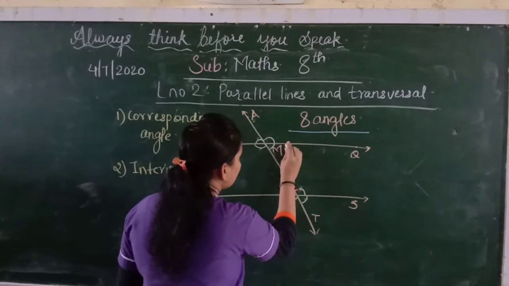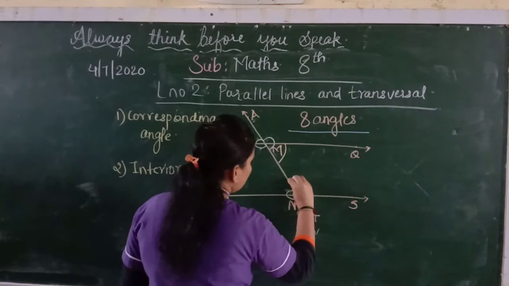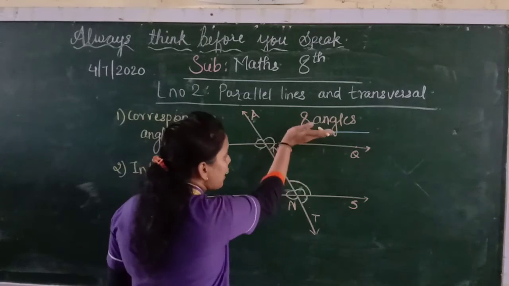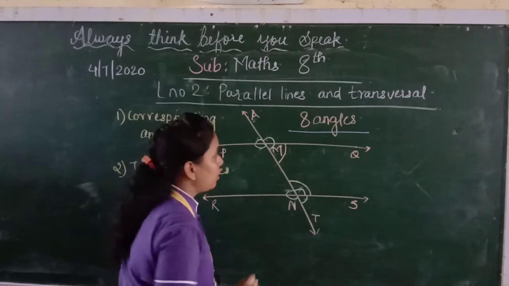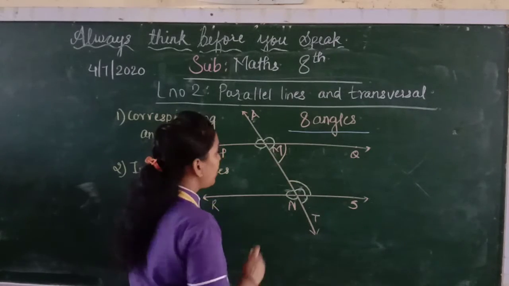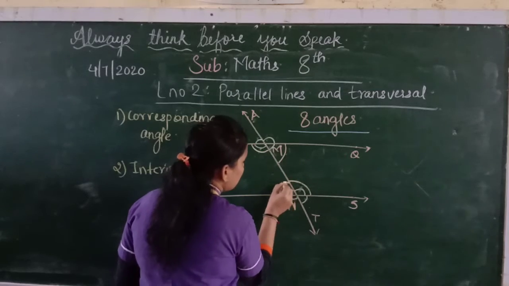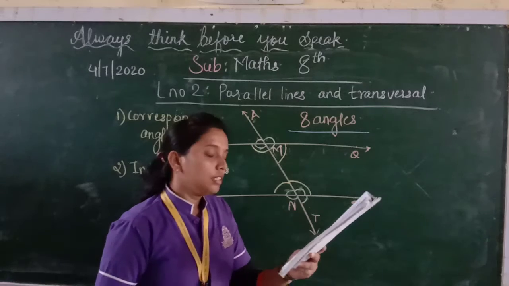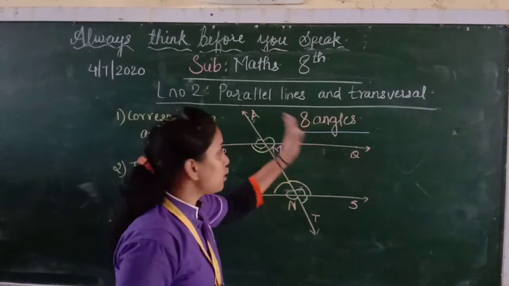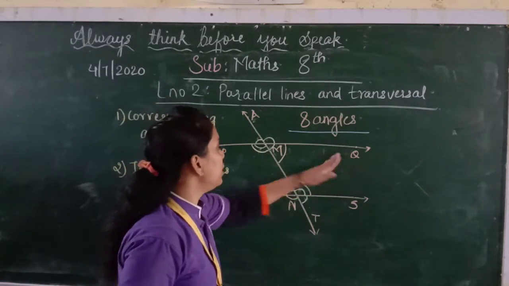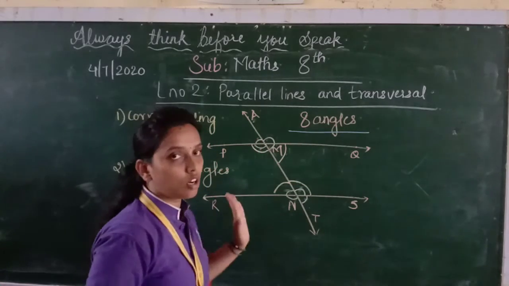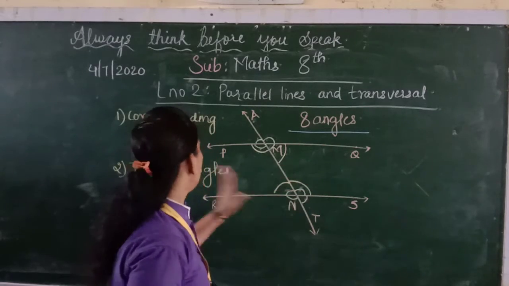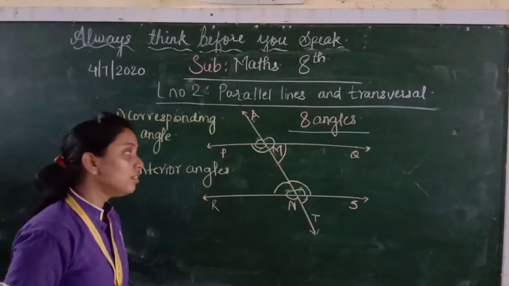Inside angles are here, at M and here at N. So these are interior angles because they are lying inside the lines. So here you will have two interior angles and here two interior angles. For interior angles, they are on the same side of the transversal, only on this side. It is not that one is on this side and the other is on this side; that is alternate angles. So it is on the same side and inside the lines. Those are known as interior angles.